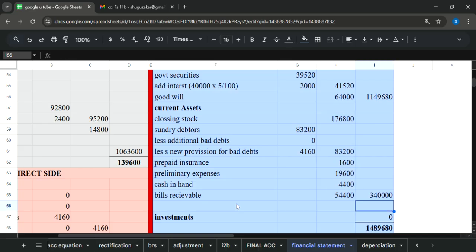So current assets are now calculated. And we'll have to see this. How can it be the same? Okay, so we need to subtract this new reserve.